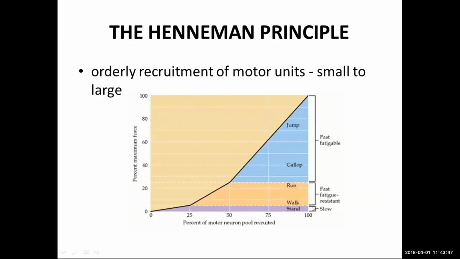That is, in the early stages, you'll have smaller motor units recruited. Later on, you'll have large motor units. Remember, there are 2 or 3 places where the Henneman principle will not work. It's not that it will not work, there will be some changes to it. There are some places where it will not be exactly like this.